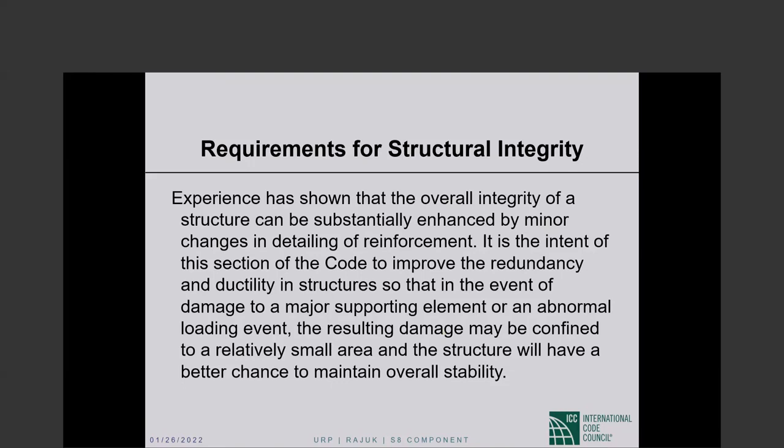Bars stick out of the footing, and those bars are called the dowels, which are then lapped with the column bars. There are no hooks involved in this picture. These are straight dowels that are lapped with the column bars, and that's how construction starts.